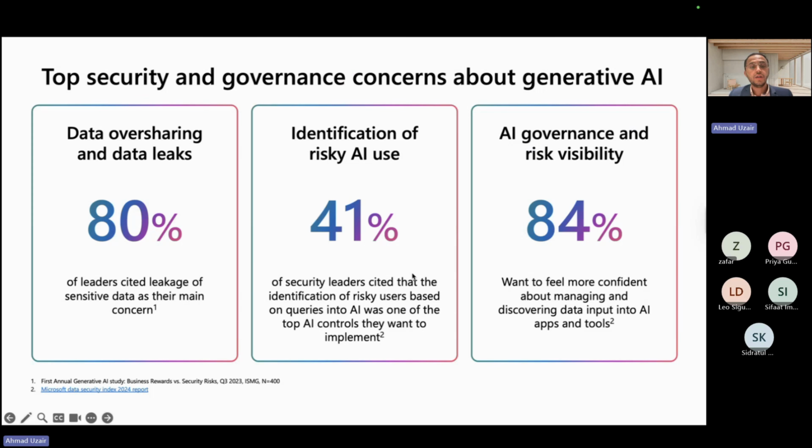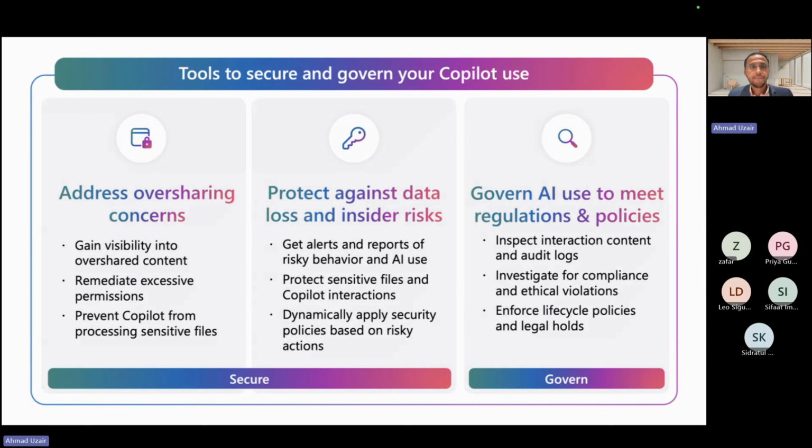We want to prevent users from putting sensitive information into AI as well. Hence we would like to have governance and risk visibility as well, where we need to see where the data is being input and which apps and tools are being used, and if we need to stop a few of them at the organization level, we should have those tools available, right? So these are the main concerns from the security and governance perspective.